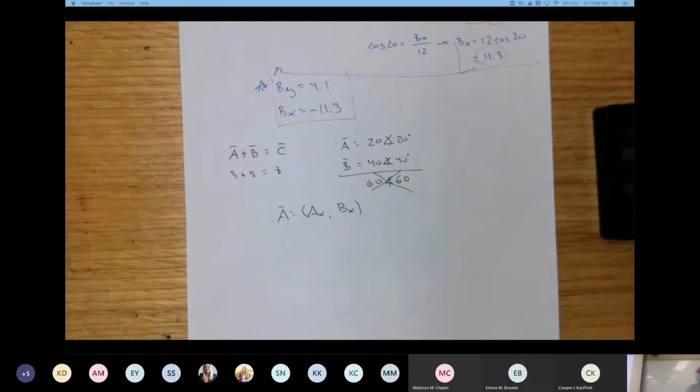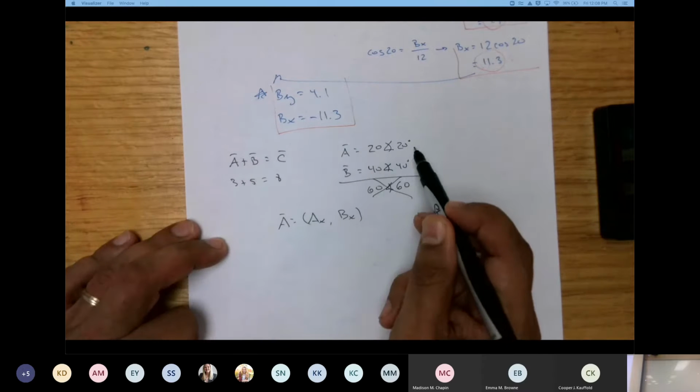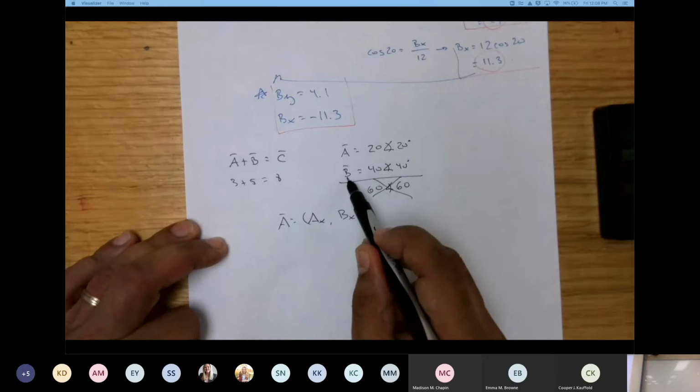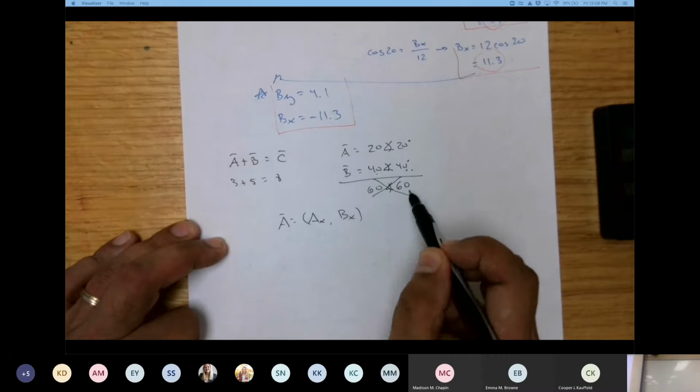There you go. Okay, so you have one vector, 20 units, 20 degrees. You have another vector, 40 units of magnitude, 40 degrees. You cannot just add them and end up with a vector that's 60 units, 60 degrees.